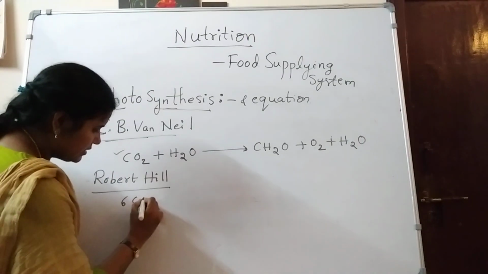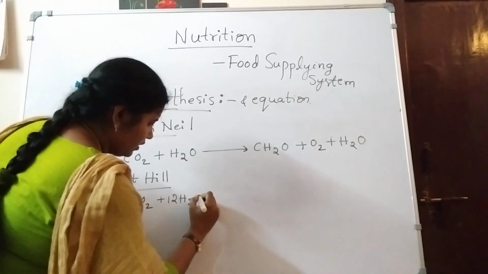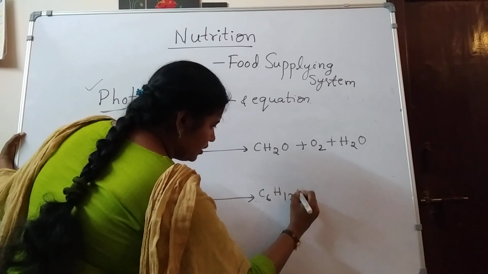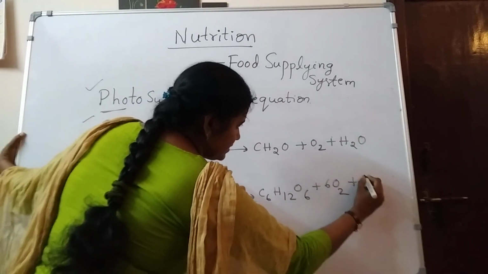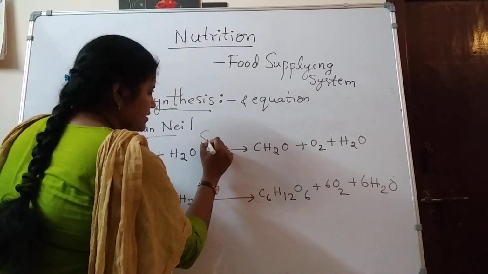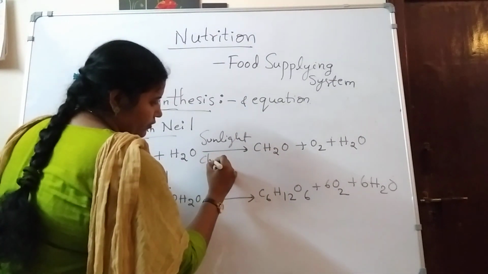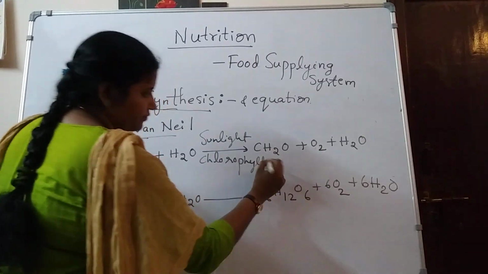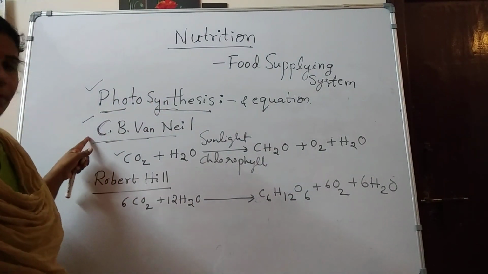So 6CO2, 12H2O, and then C6H12O6, 6O2 plus 6H2O, in the presence of sunlight and chlorophyll. Okay. So the photosynthesis basic equation was proposed by C.B. Van Niel.